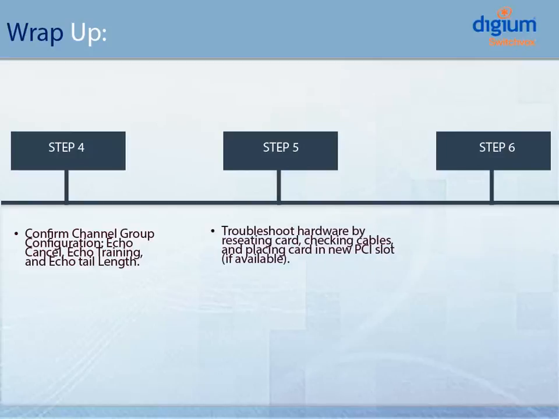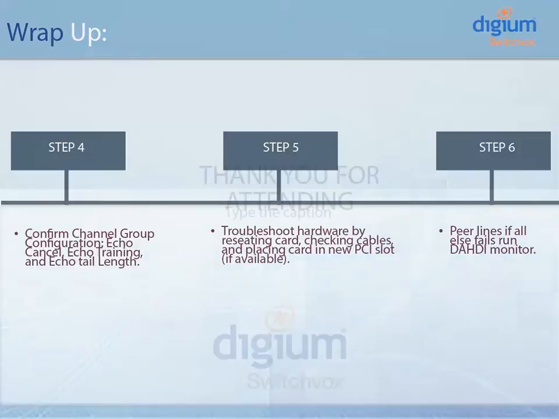In step 5, you will check the hardware. You will do this by disconnecting the PRI card, checking the echo cancellation module, reseating the PRI card, and reconfiguring the channel groups within Switchvox. In step 6, you will peer the lines and run the DOTI monitor if all else fails.